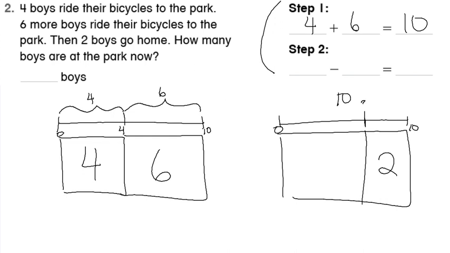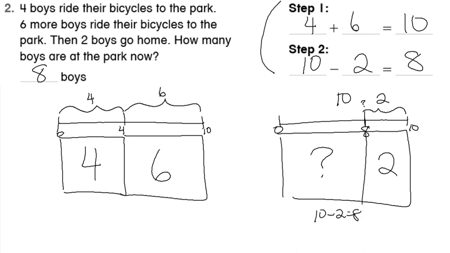We don't know what this is yet, but we can find out by taking 10 minus 2. So 10 minus 2 equals 8. So this spot here is 8, and the question mark is 8. So 10 minus 2 equals 8. There are 8 boys at the park now.